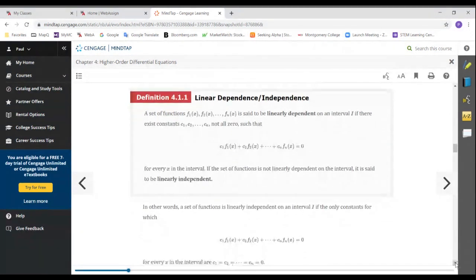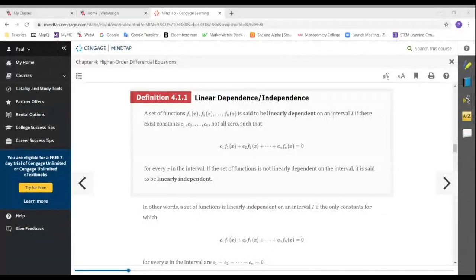So this idea of linear dependence and independence, it's something that comes up in Math 284 in linear algebra, but it comes up here as well in the course.